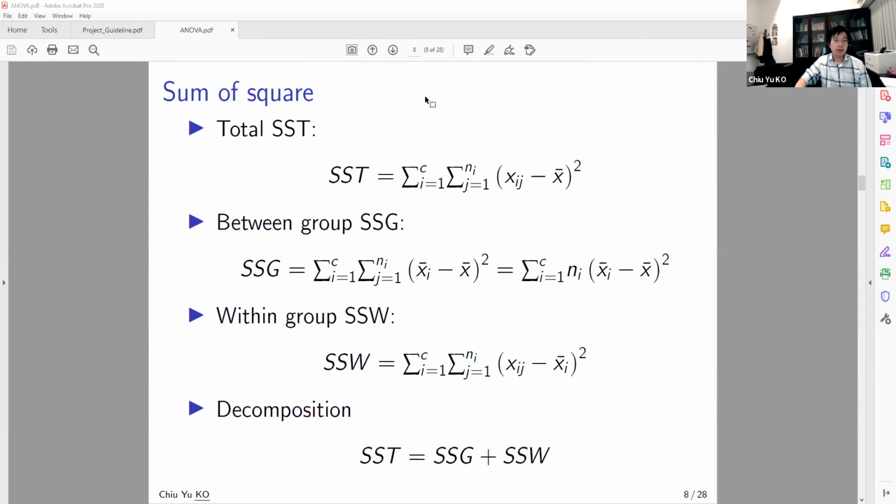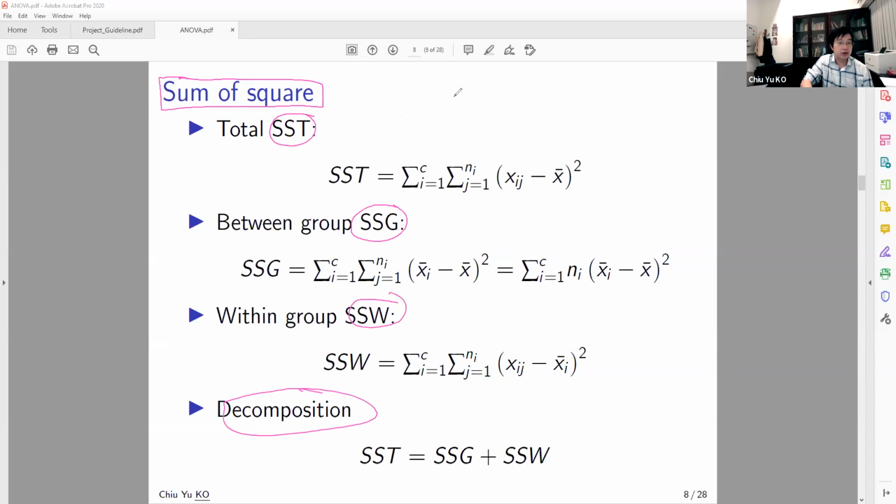Here we will call what we call sum of squares. And we have 3 of them: sum of total, between group, and within group, and there will be a decomposition. This is related to variance, which we will see in the next slide. This is the numerator of the variance.